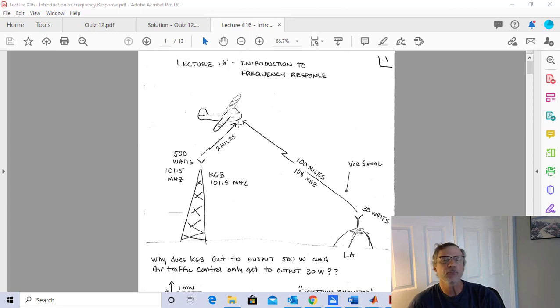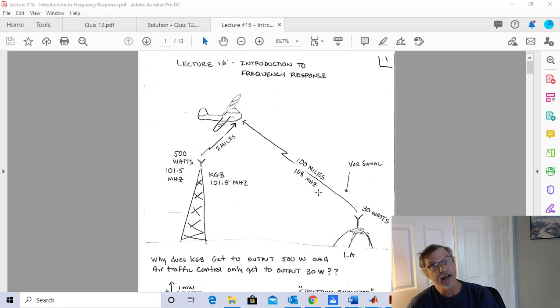It's only 2 miles away from KGB's tower, and it's getting blasted with 500 watts of power. And the frequencies of these two signals are pretty close together.